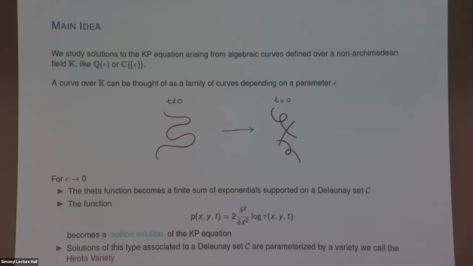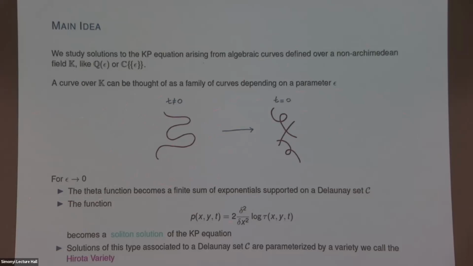I'll give a little more detail on that. So the main idea here is that we work over a non-Archimedean field like Puiseux series. So you can think of a curve over such a field as a family of curves that depend on a parameter. And when the parameter is non-zero, our curves are smooth. When the parameter is 0, we see nodal singularities.